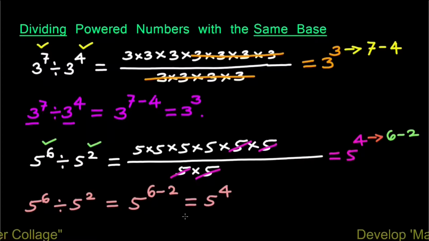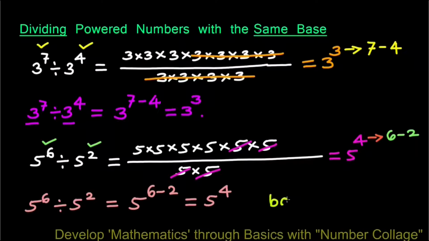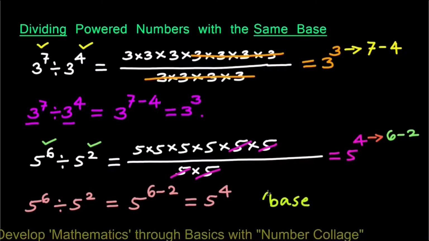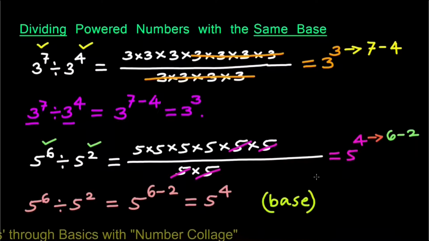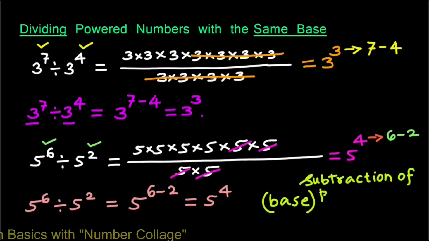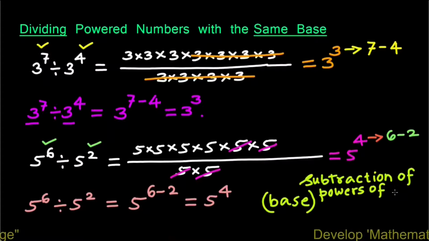So, in dividing powered numbers with the same base, all we have to do is to write the same base and raise it to the subtraction of powers of individual numbers.